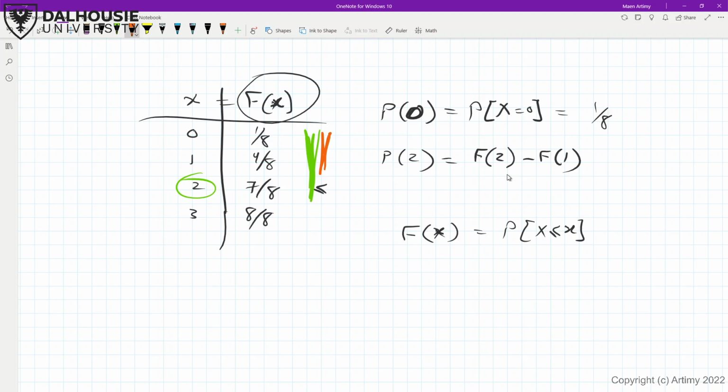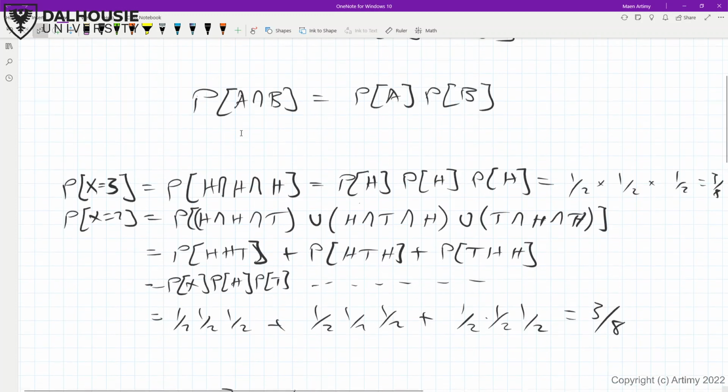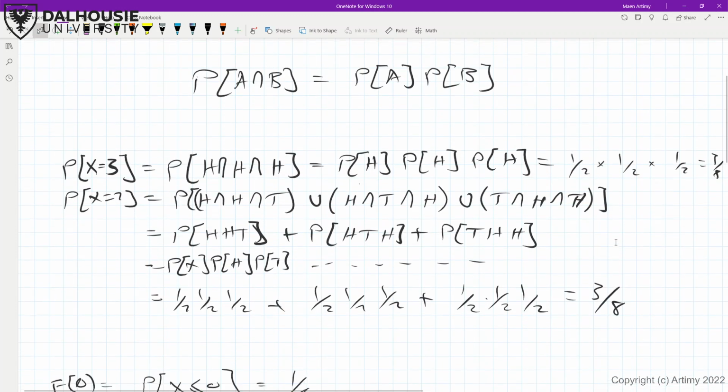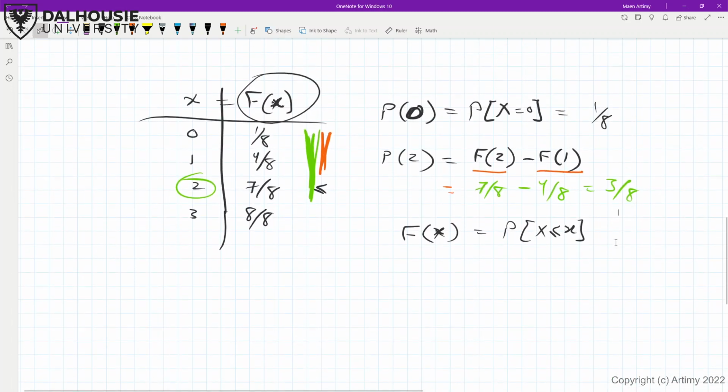So I need to do f of 2 minus f of 1, so that will be 7/8 minus 4/8, and end up with 3/8, which is actually the probability of 2 heads, right?